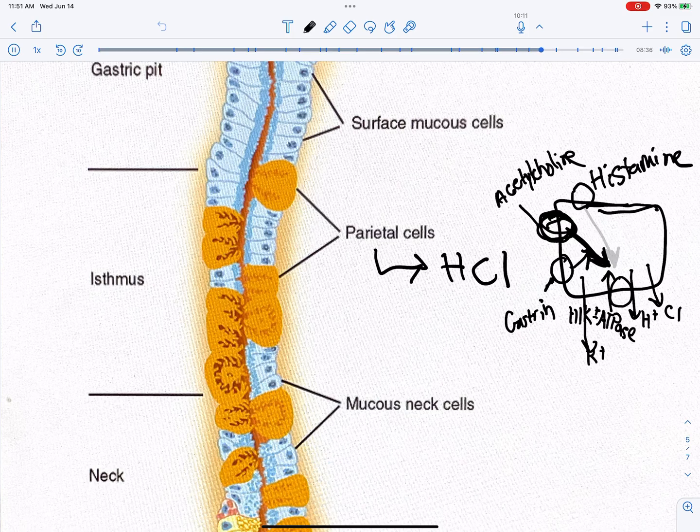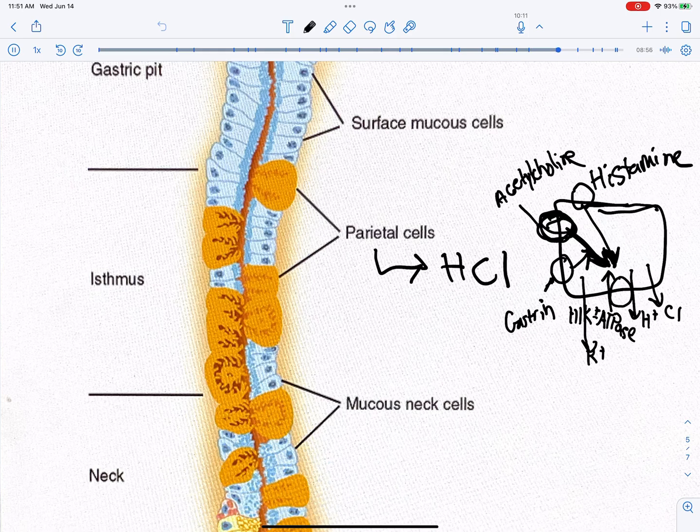It is produced by the ECL or enterochromaffin-like cells, and binds to the H2 receptors on the surface of the parietal cells, and stimulates, again, this ATP to produce acid.